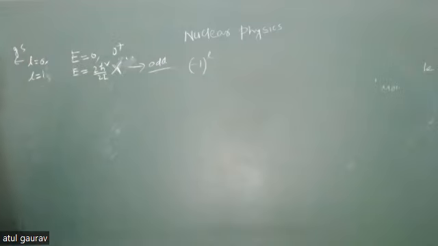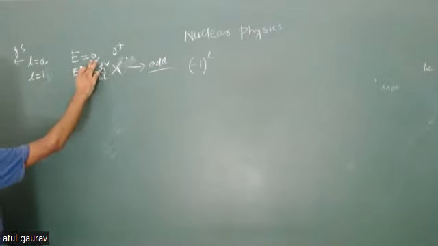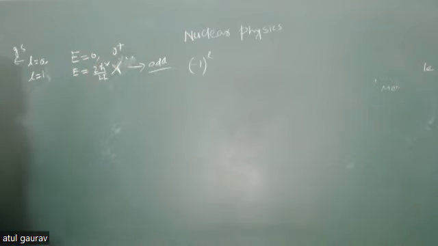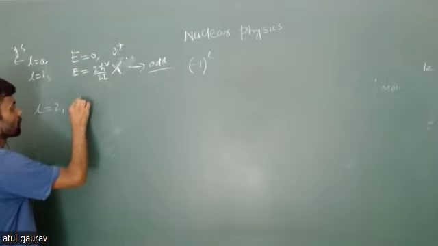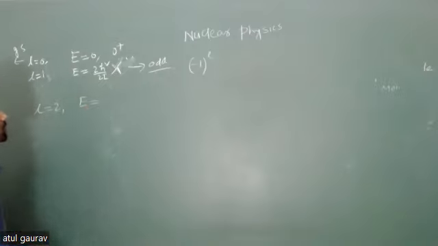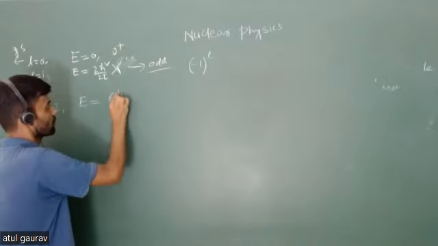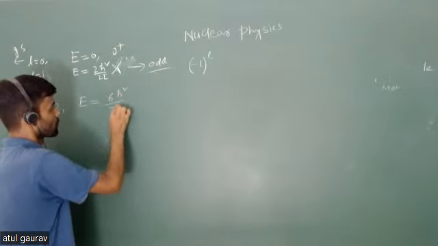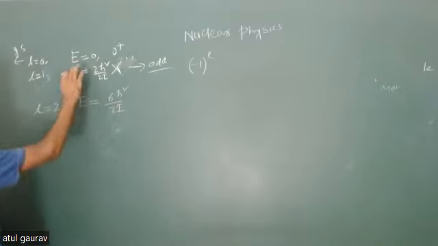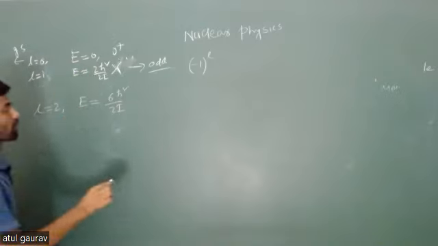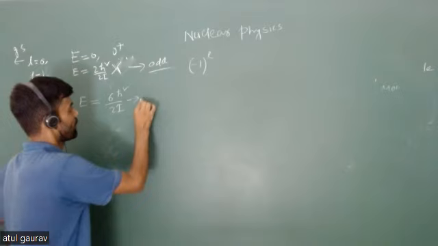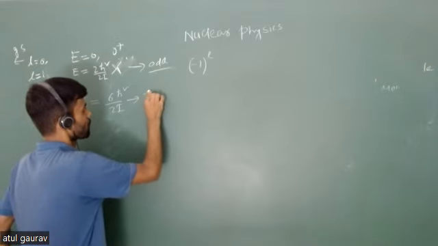So the minimum energy is 0, and it corresponds to 0 plus. Then you have to choose L equals 2, which gives 6 H cross square by 2I. Since this is the next energy, that will be the first excited state, and that state we know is 2 plus.